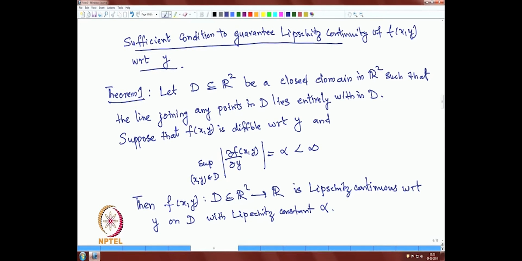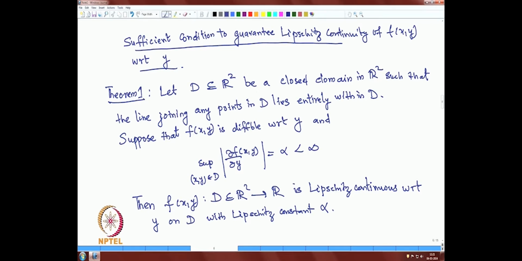So, the sufficient condition that guarantees the Lipschitz continuity of a function f(x, y) is that f is differentiable with respect to the second argument y, and the partial derivative with respect to y is bounded, or the supremum of the absolute value of the partial derivative is a finite number in the domain.